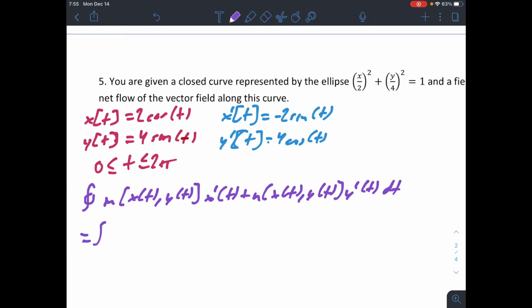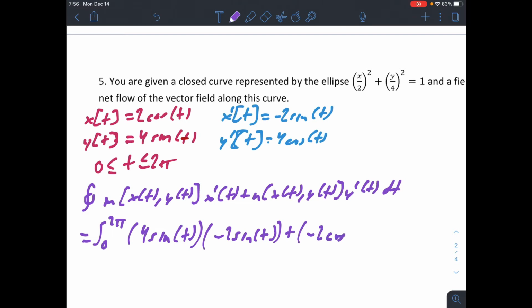So that's going to be the integral from 0 to 2 pi of m times x prime plus n times y prime.